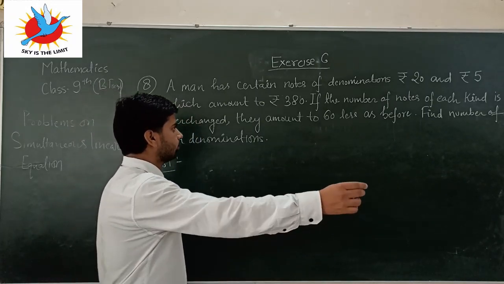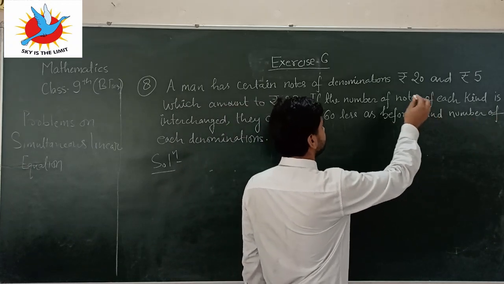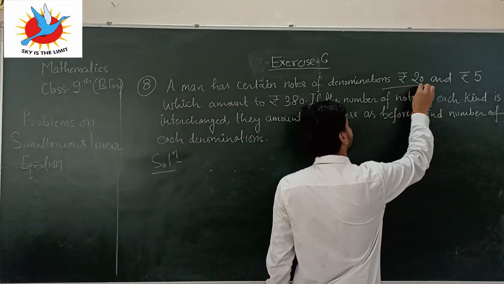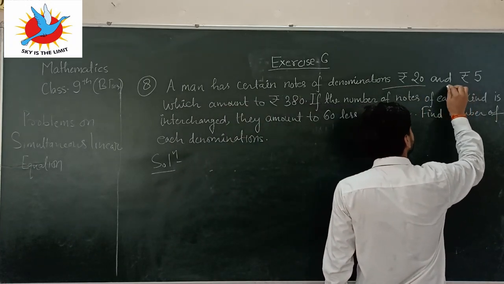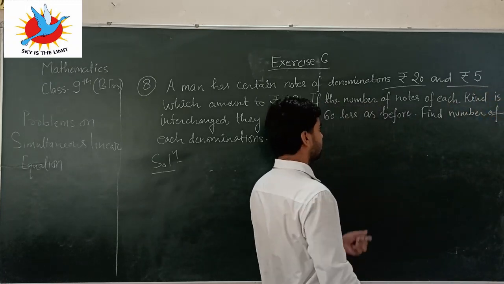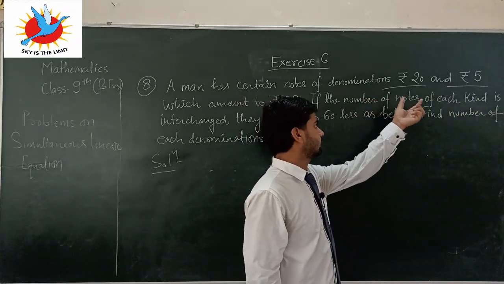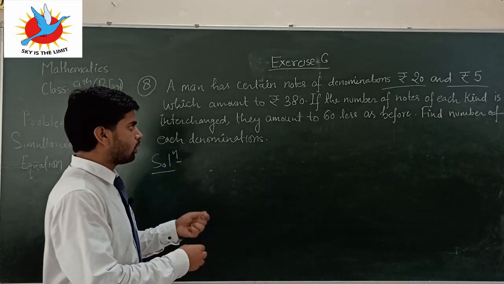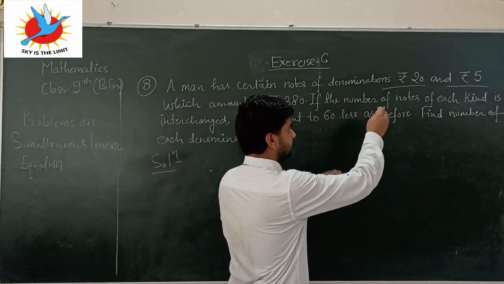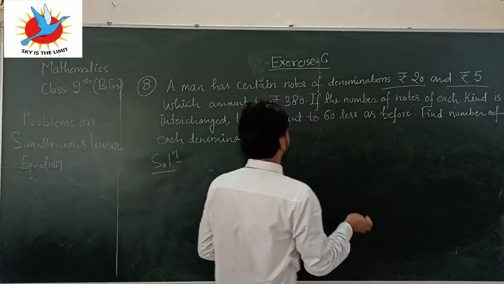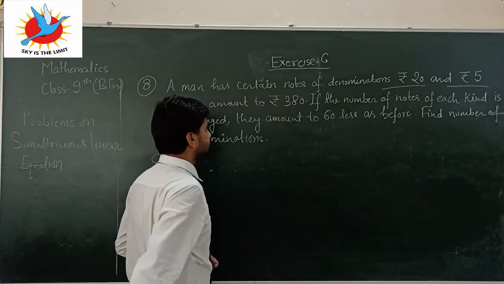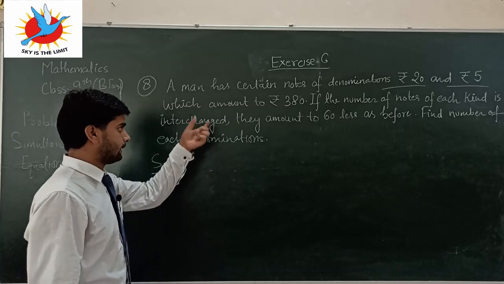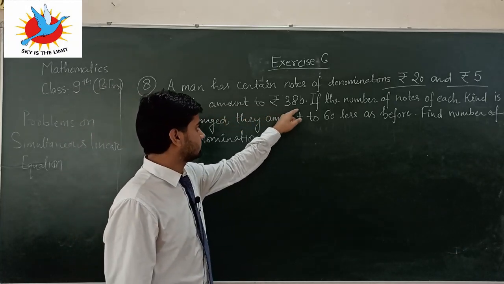We have two unknowns, the number of notes of rupee 20 and of rupee 5, but we know the amount they make, 380. So condition 1 is that the amount is 380.